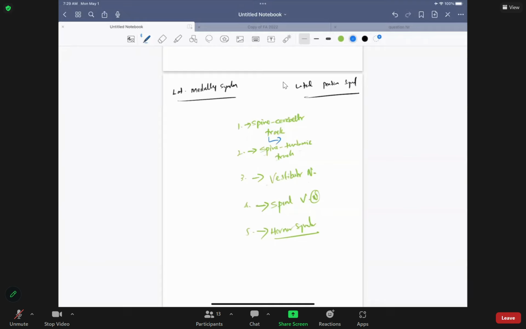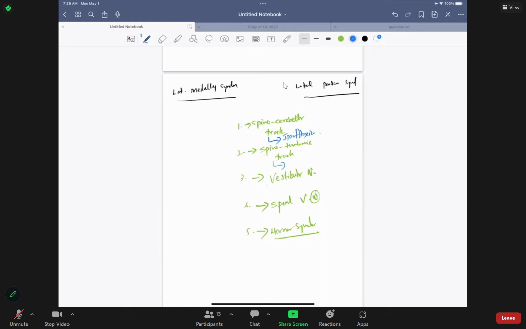The reason behind this is that it is the only tract that does not cross. This is the only tract that we draw in the pictures that never crosses. It always stays on the same side, okay? So ipsilateral ataxia. So they will fall towards the same side of the lesion.